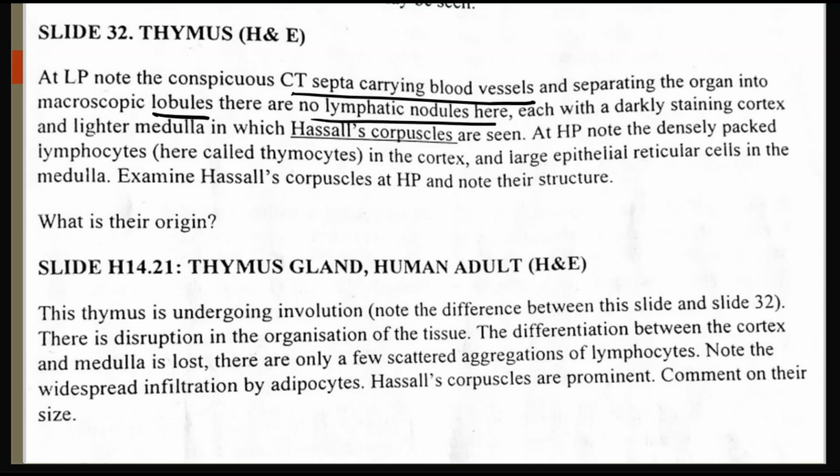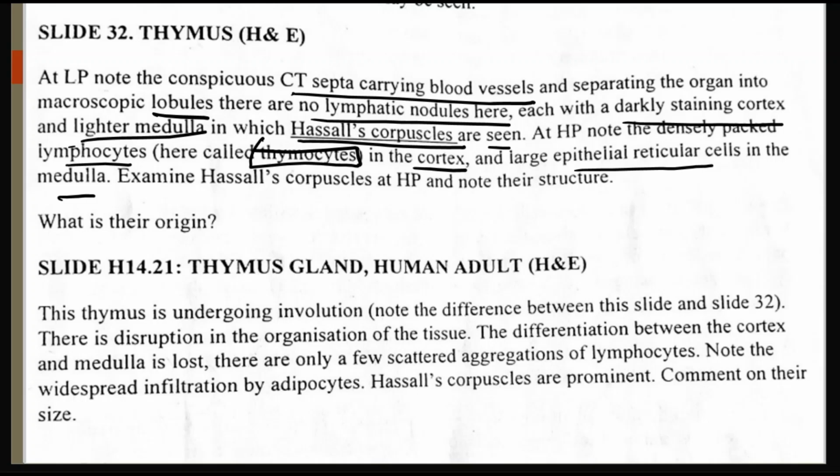And there are no lymphatic nodules here, each lobule with a darkly staining cortex and a lighter medulla, in which Hassall's corpuscles are seen. And at high power, note the densely packed lymphocytes, which are called thymocytes, in the cortex, and the large epithelial reticular cells in the medulla. Examine the Hassall's corpuscles at high power and note their structure.